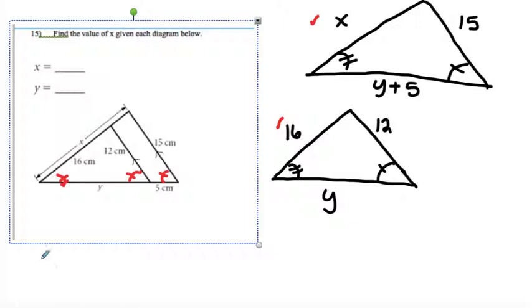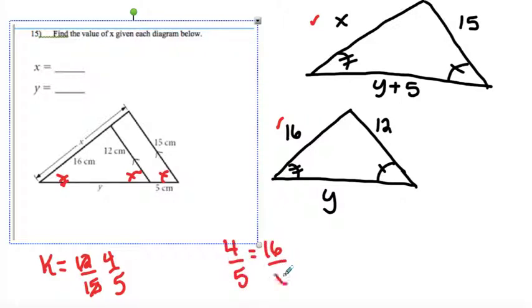So the first thing I did was I got my k, my scale factor, which would have been 12 over 15. So 3 goes into both of them, so 4/5. I wrote a proportion for x. 4 over 5 equals 16 over x. I chose not to cross multiply because I saw 4 and 16, so I rewrote it using the properties of proportions, tops over, bottoms over. And I simplified 4 over 16 into 1/4, cross multiplied here, so x equaled 20.